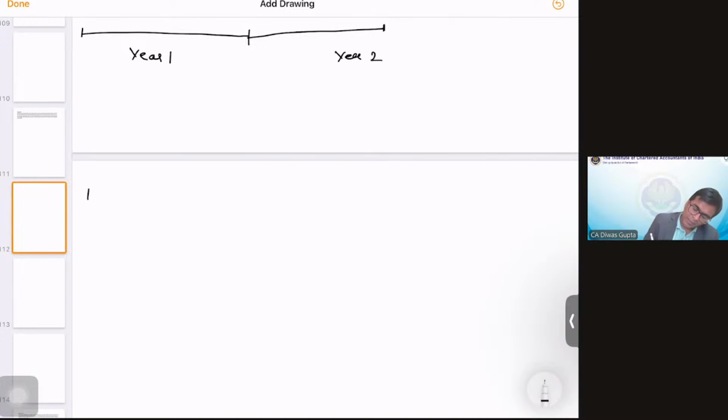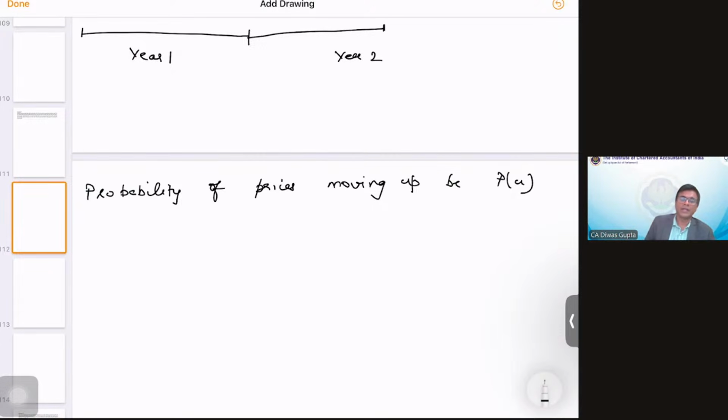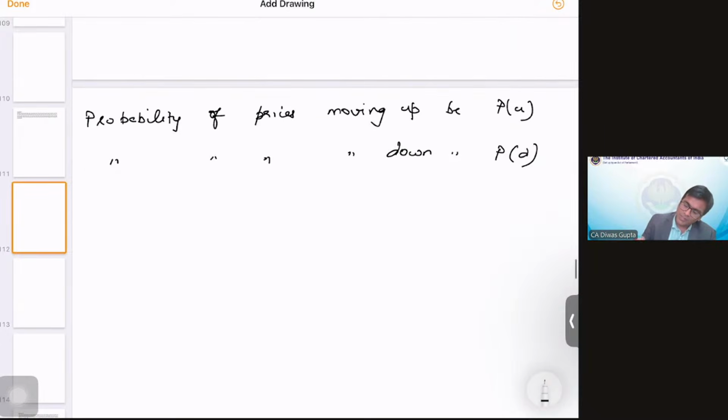So the probability of prices moving up be PU, and the probability of prices moving down be PD, correct?